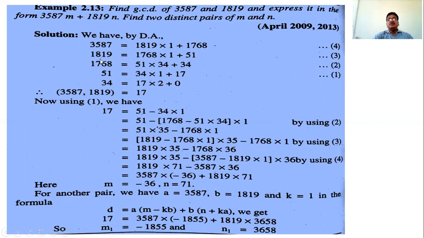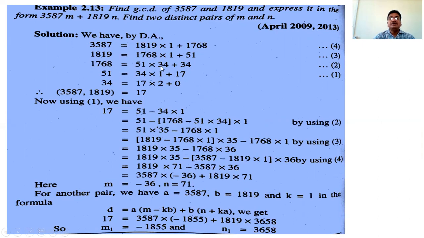Then the next equation: divide the divisor 1768 by the remainder 51. The quotient is 34. How do we find this quotient? On the calculator, divide 1768 by 51.